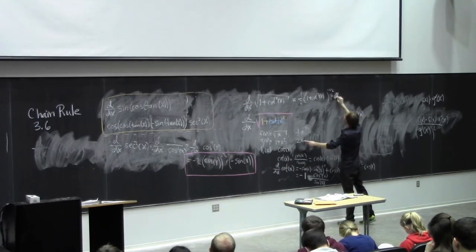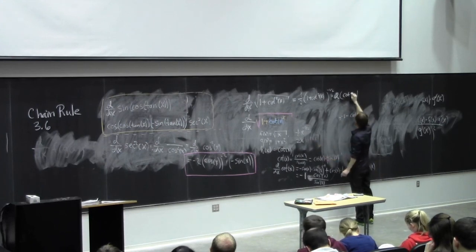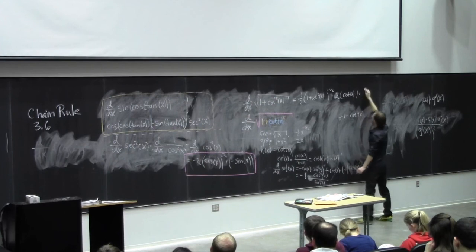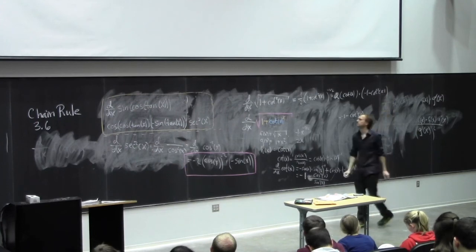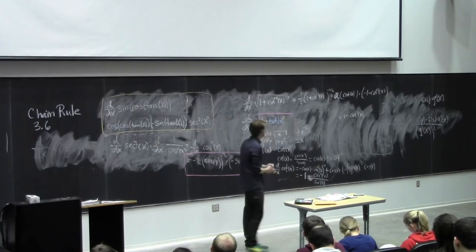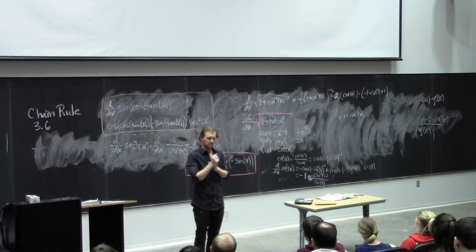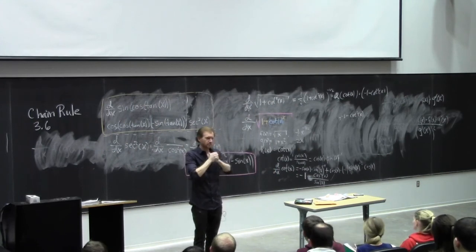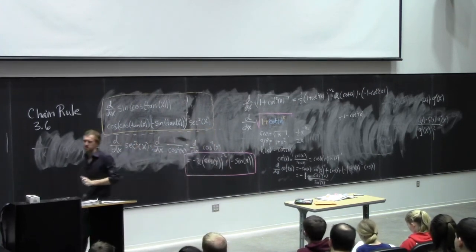It's equal to 2 times the inside, cotangent of x, times minus 1 minus cotangent squared of x. How many times did I use the chain rule there? Well, 2 or 3 times, depending on how you count, right? All right, what questions do you have?